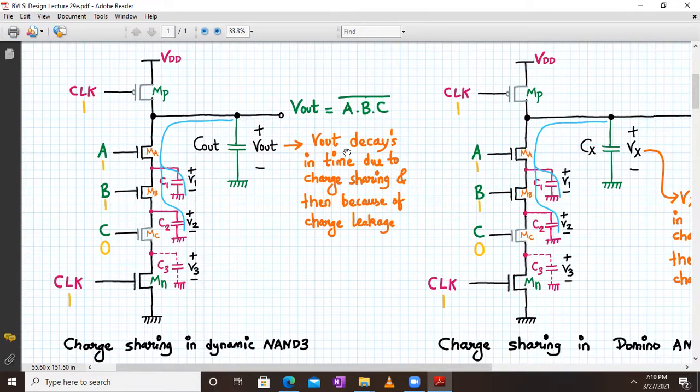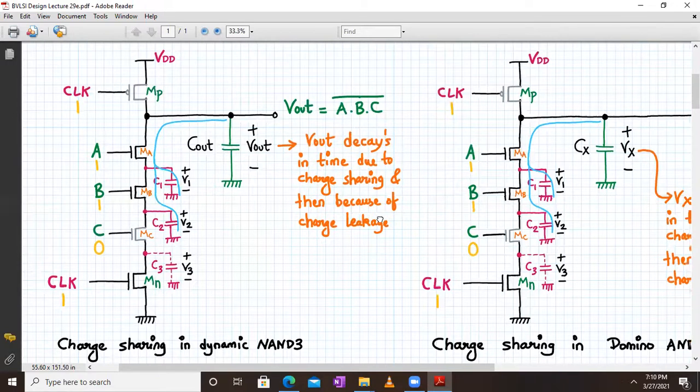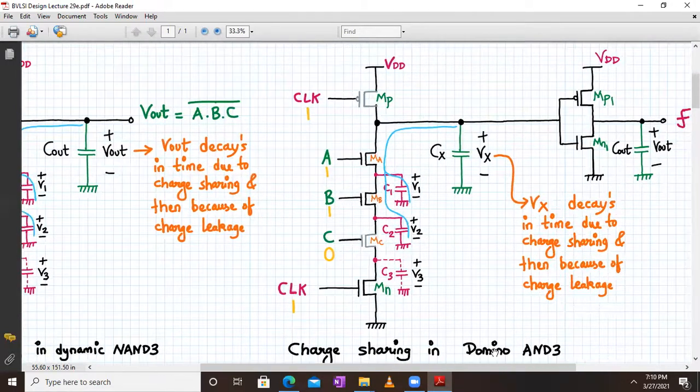So basically we can say that the output V out decays in time due to charge sharing and then because of charge leakage, right? This decay in the voltage is extended in case of your domino AND tree logic, but in this case it happens to the internal node.